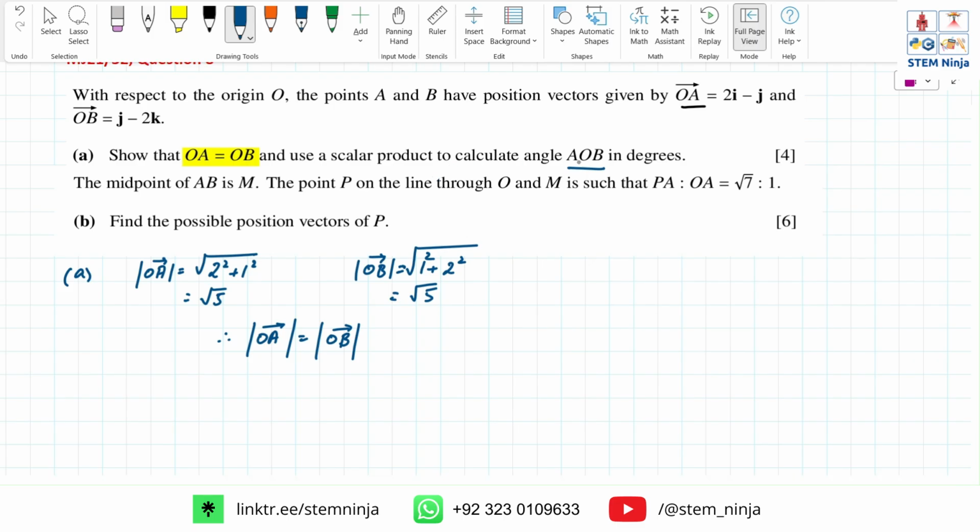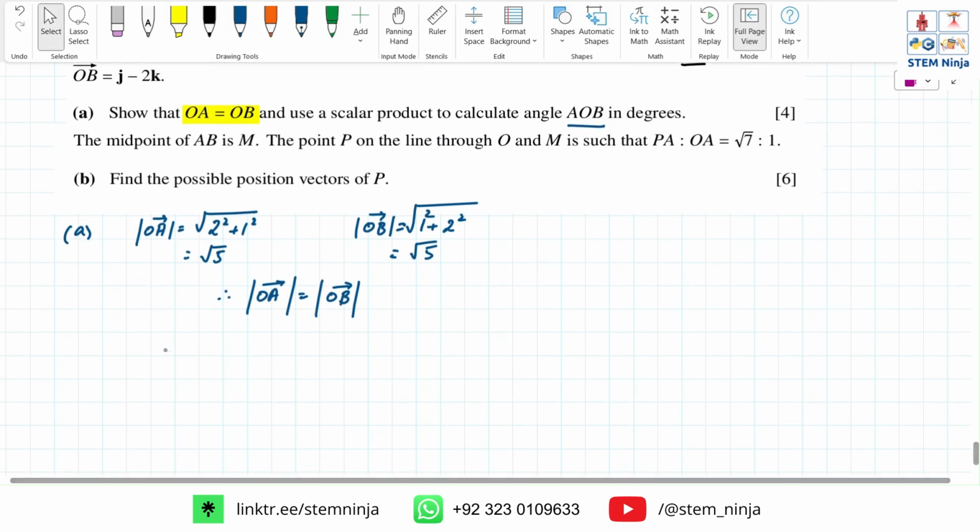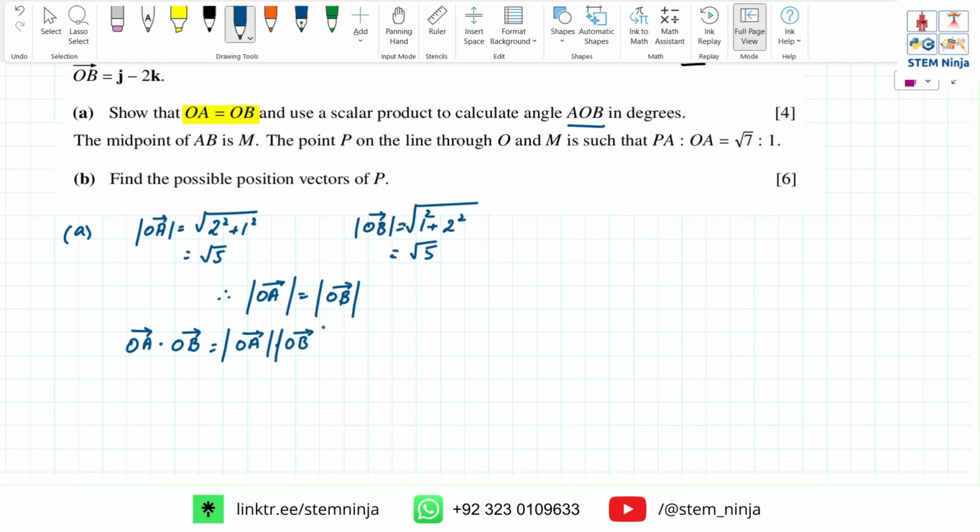Now use a scalar product to calculate the angle AOB in degrees. So first off, we can find out the dot product, and we can use the dot product formula also. So OA multiplied by OB cos of theta.